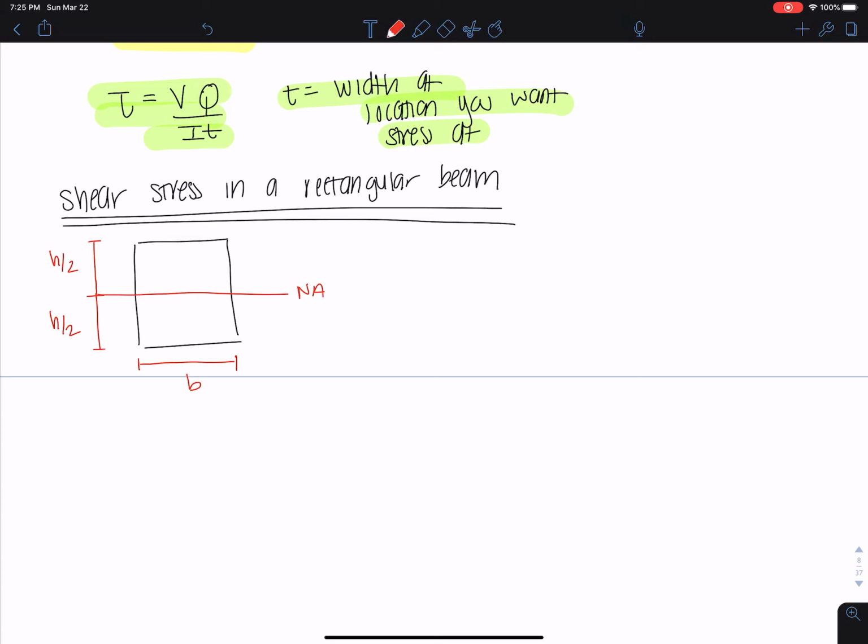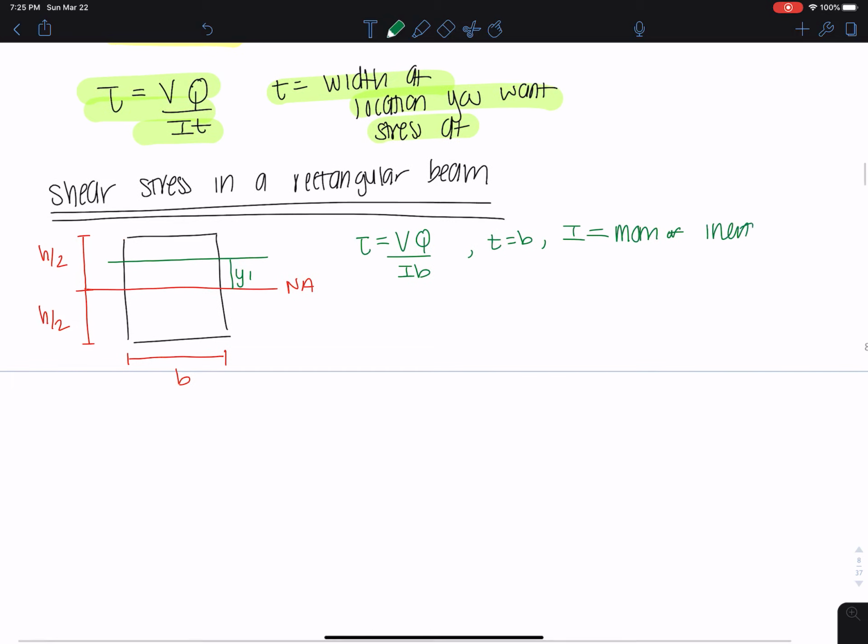And then here at some location, we would call this, let's say, y1. What I would need to do is find that first moment of area. So if I have this equation, VQ over Ib, let's say t is equal to b, and I is the moment of inertia. And we know for a rectangular section, that's just 1 over 12 bh cubed.